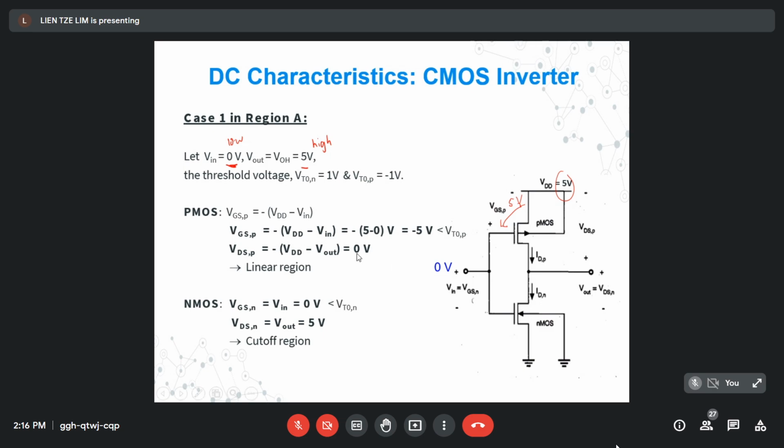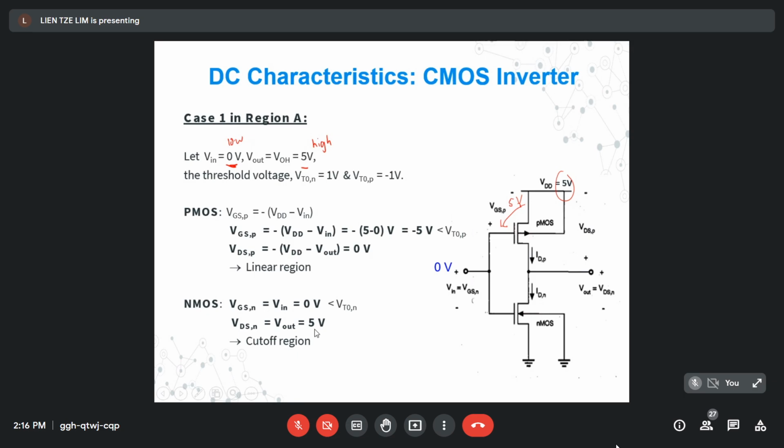For the NMOS, the VGS is 0, which means the gate voltage is 0. It can be a logic 0. The NMOS is in cutoff, and the output of the NMOS is 5 volt. It is high.